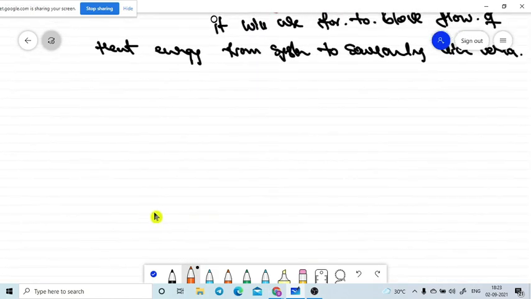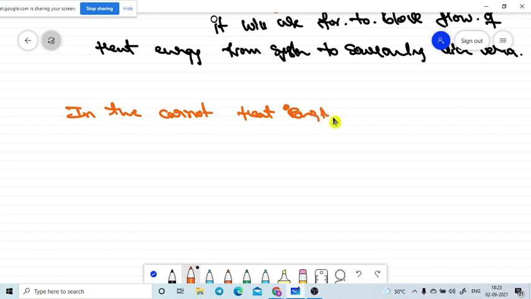So in the Carnot heat engine, what are the steps? What processes does it involve? The Carnot heat engine consists of four following stages, which follow in order.